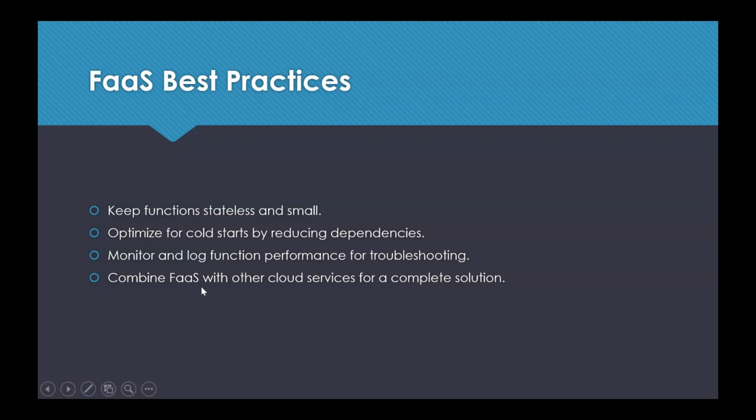Combine function as a service with other cloud services for a complex solution. You can use the function as a service model with different cloud services from your cloud provider for a complete solution.